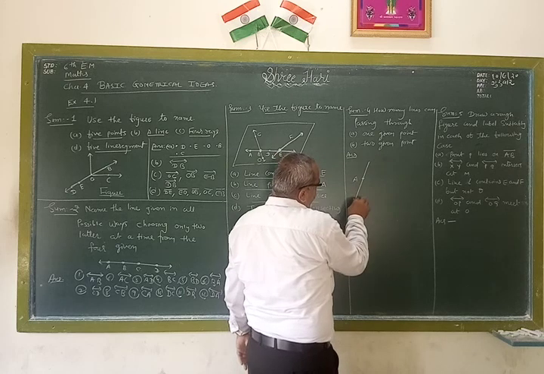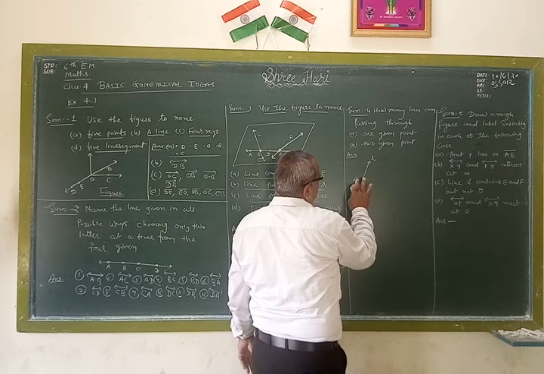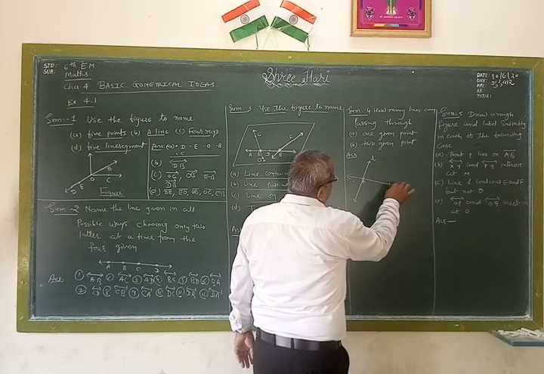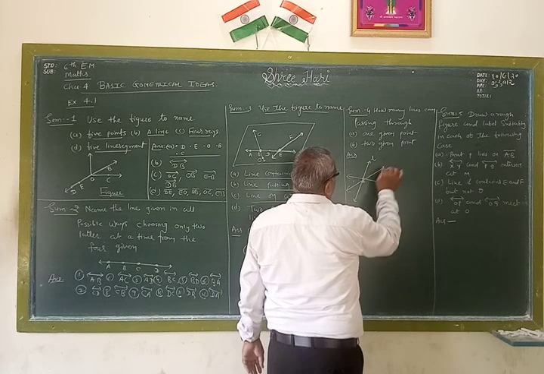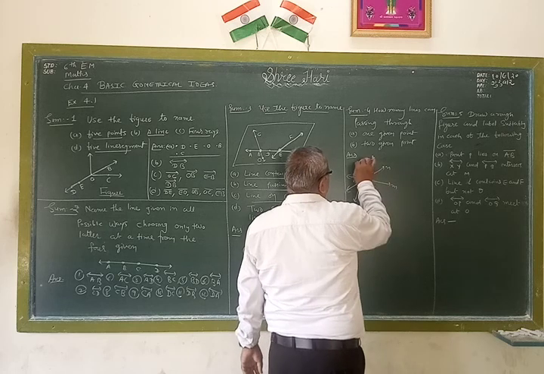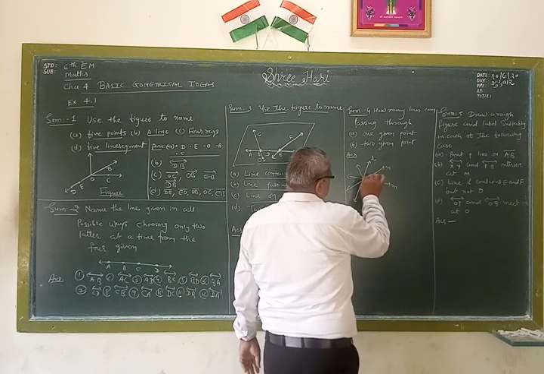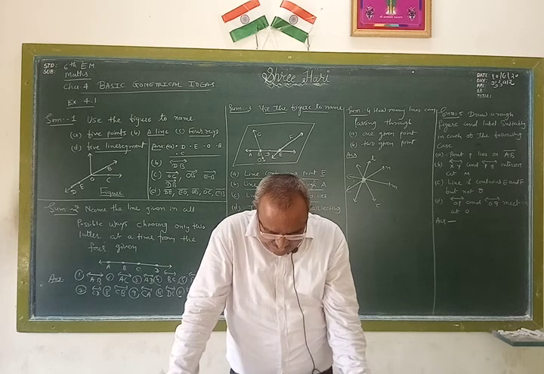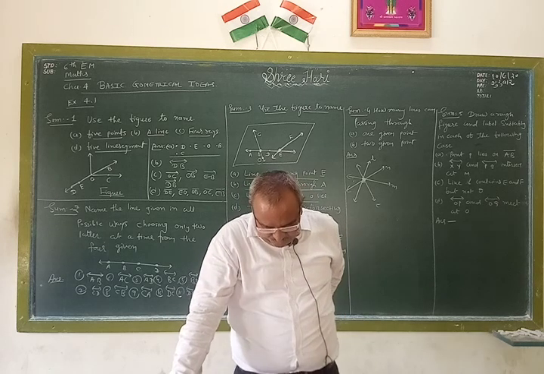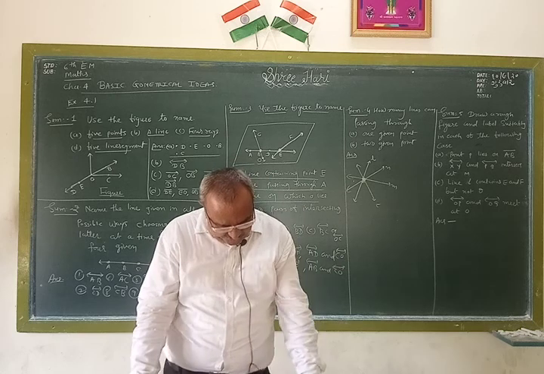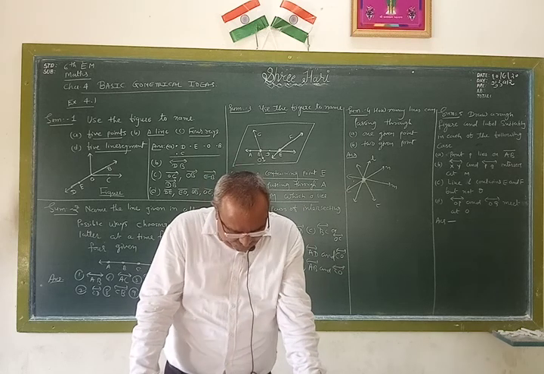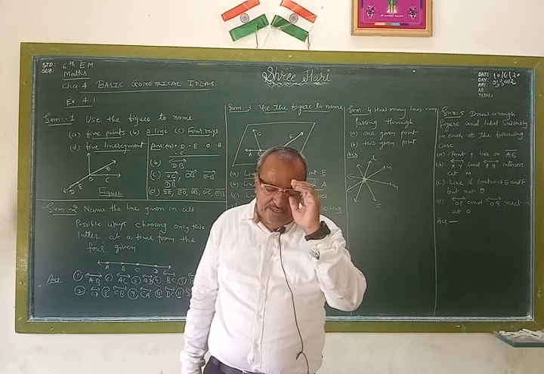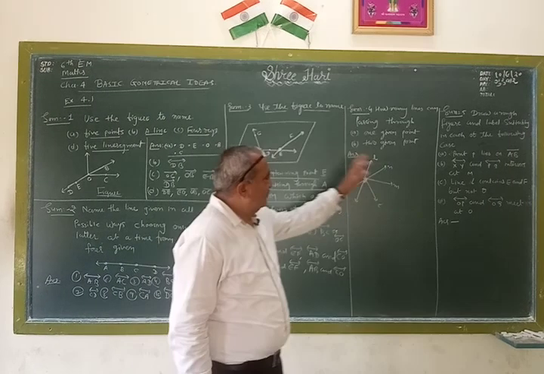This is line L, this is line M, this is line N, this is line T. Friends, so many, infinite. Infinite lines pass through one point, meaning unlimited lines we can pass from point A.